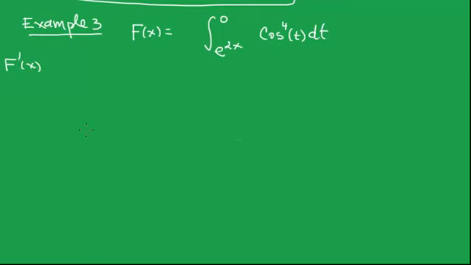Now, what do we notice here? We notice that the number is not the lower limit. We can fix that. So we have some rewriting to do. So we rewrite f of x is equal to, we're going to flip the limits, 0 would be underneath, and e to the 2x would be on top.